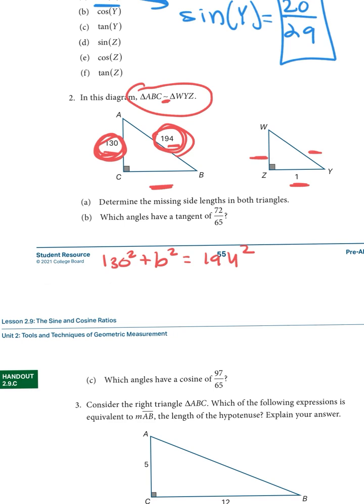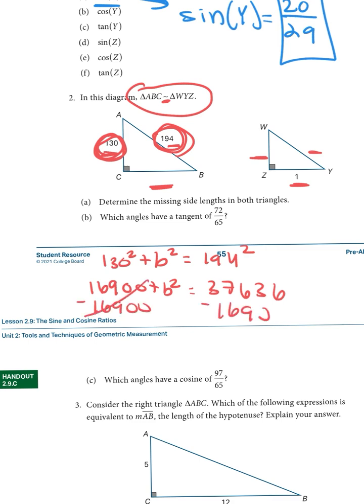Okay, so 130 squared is 16900 plus b squared is equal to 194 squared is 37636, and we're solving for b, so subtract that, and then we get that b squared is equal to 37,636 minus 16,900, I get 2736, and take the square root of that. 2736.